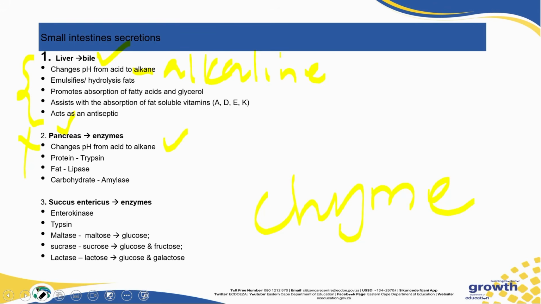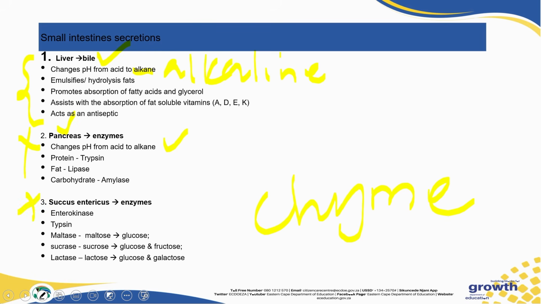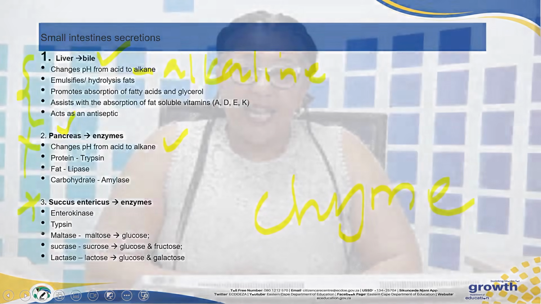Then another secretion in the small intestine is by the duodenal gland, the succus entericus. Succus entericus has an enzyme, enterokinase.